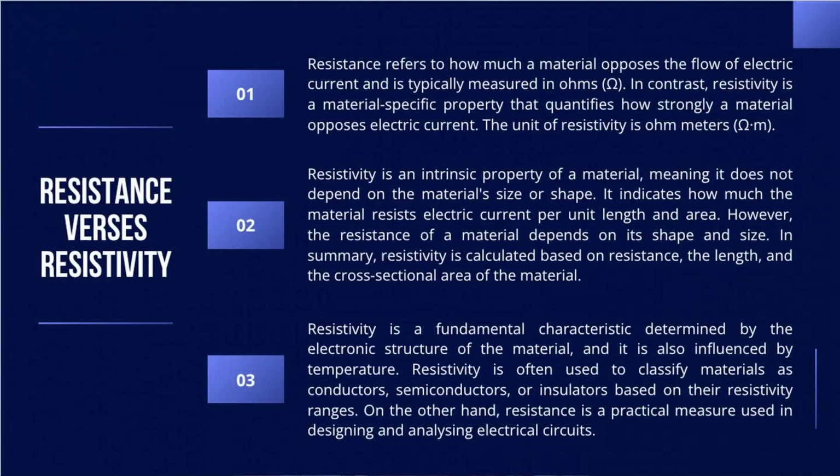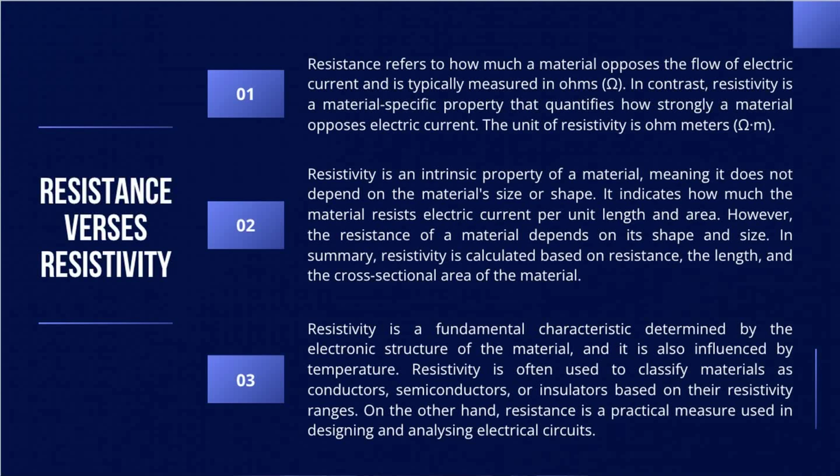So, resistance versus resistivity. These two terms will be used very much in this video. So what is the difference between them? Let's start by discussing the difference between resistance and resistivity. Resistance refers to how much a material opposes the flow of electric current and is typically measured in ohms.